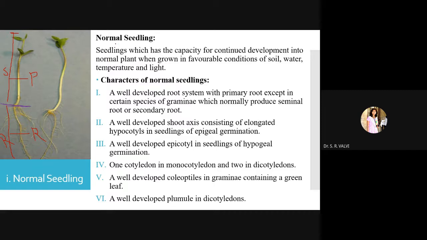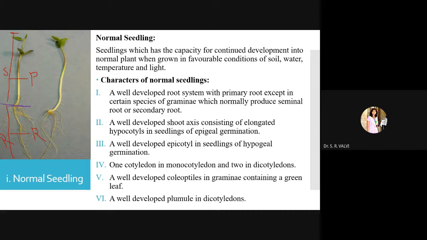Now when are we going to call a seedling a normal seedling, right? A particular seed germinates to have a healthy plumule and radicle, and the plumule converts into a shoot giving branches, sub branches and leaves, and the radicle forms the root with the main root, primary root, secondary root, tertiary root.